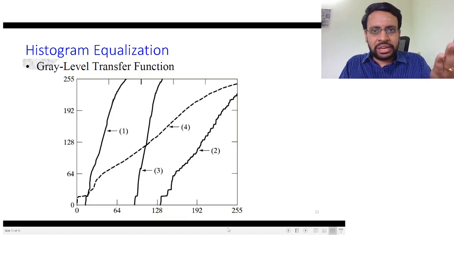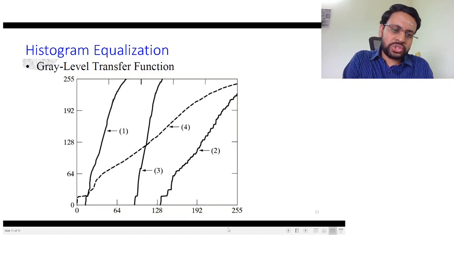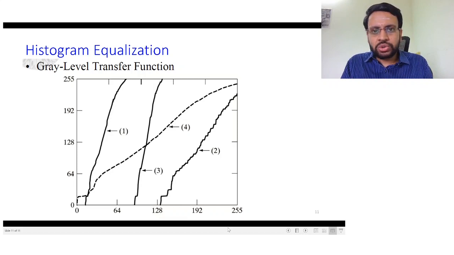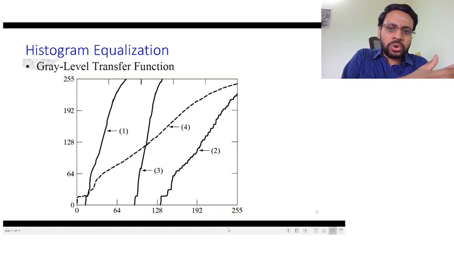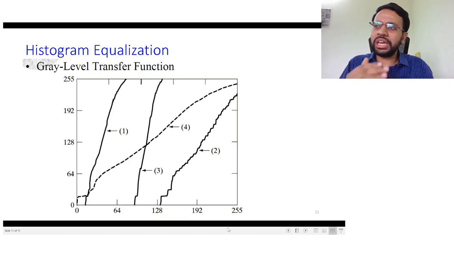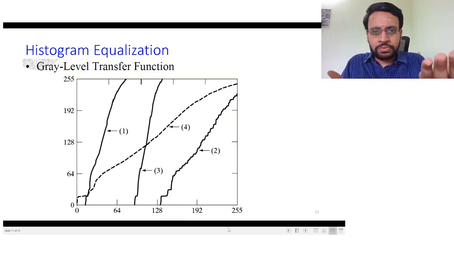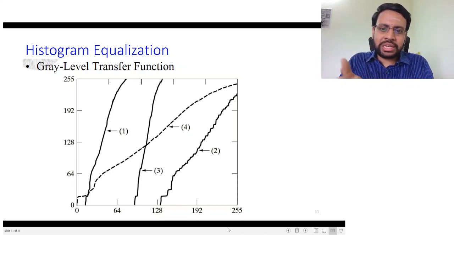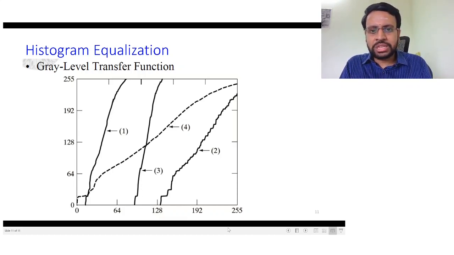But having the knowledge of how the intensity distributions could be, can I modify this existing histogram in a way that it would be closer or similar to my a priori knowledge of how the histogram should look? The hint here for you is, can you use histogram equalization somehow to bring this known a priori information about the histogram as well as the histogram coming from the existing image into the same space? That's one hint I give you.